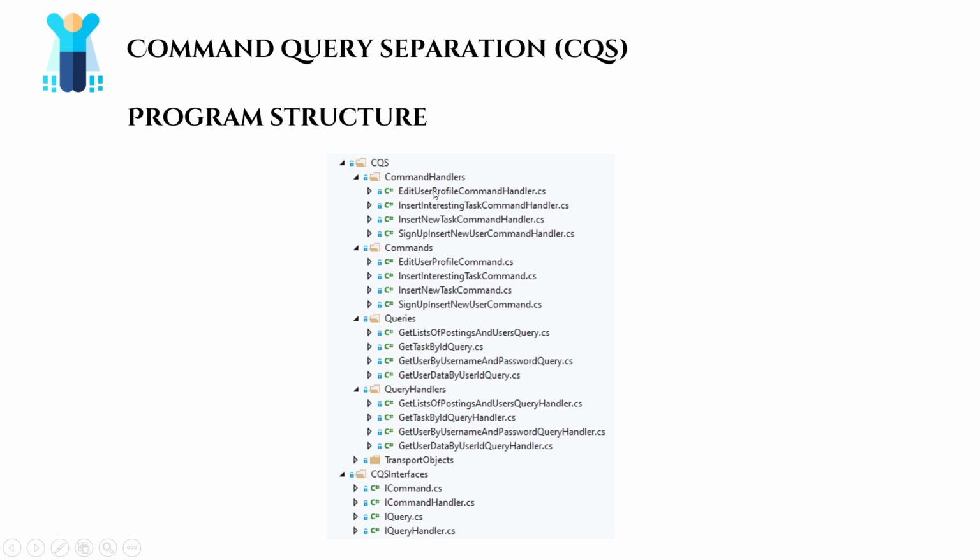These classes will have the corresponding interfaces in their names, like this command handler will inherit from the ICommandHandler interface. And to dive deeper into the relationship between the handlers and the command and query, I will take you to the code.